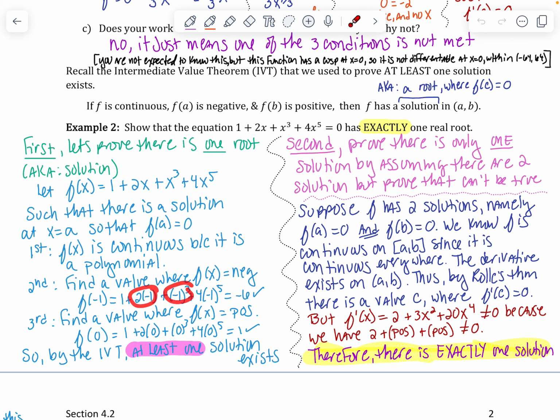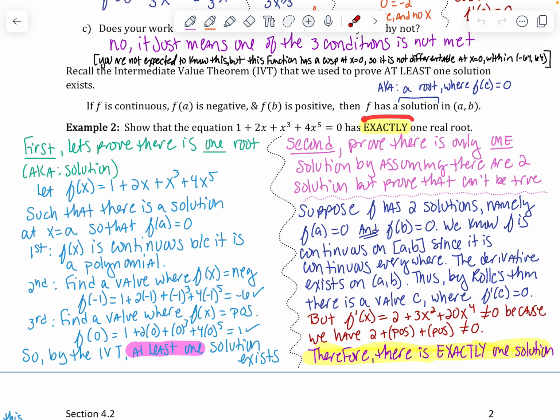And because of the nature of odd exponents, I'm going to end up getting -6. So I have a positive output, a negative output, and therefore these two values are the interval that guarantees there is at least one solution in this particular function, and specifically it's in between 0 and -1.